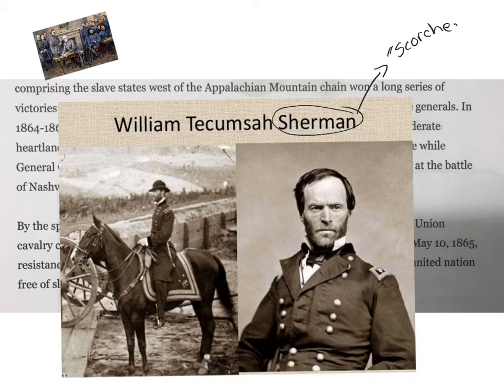And this wasn't new to a military conflict, but it was the first time it was used in the U.S. And basically the scorched earth policy is just a slash and burn policy, which means you slash all the crops, you take what you can, and you burn the rest. So he was pretty severe when he went through on his march to the sea as he went down.